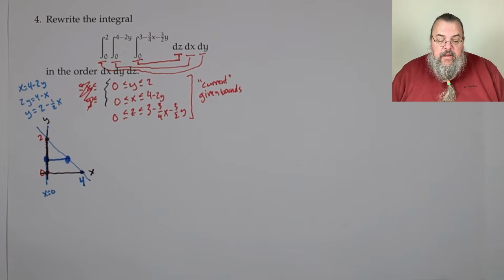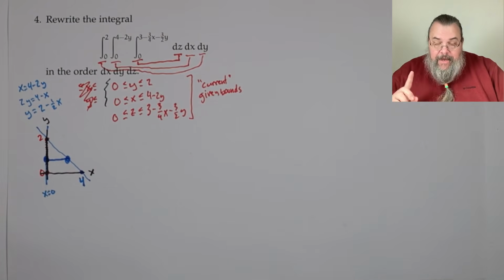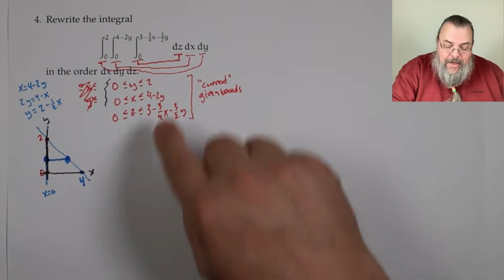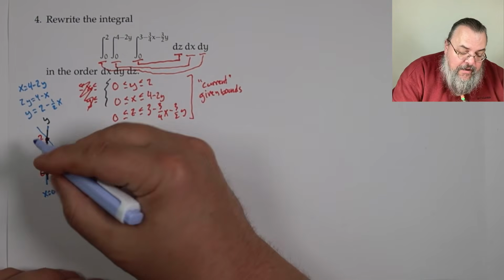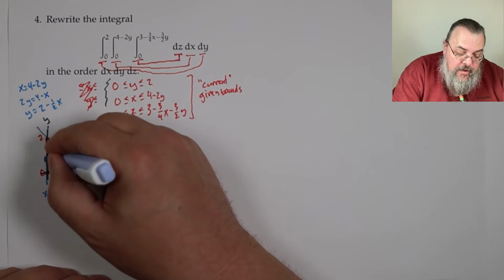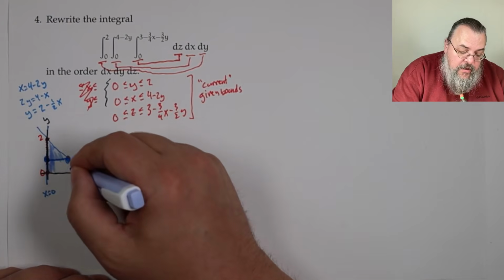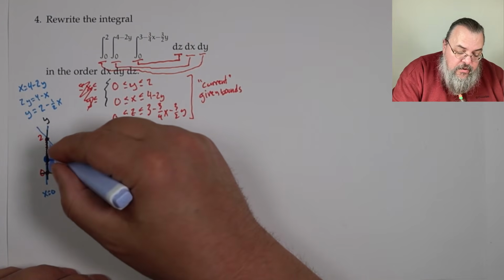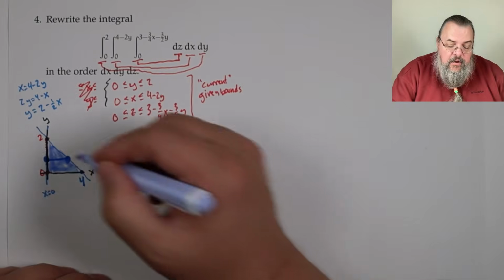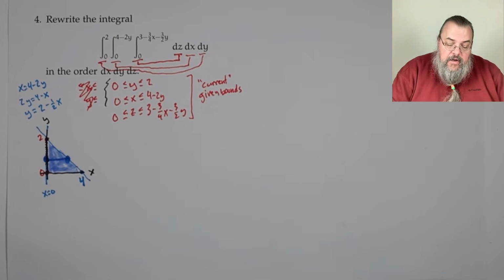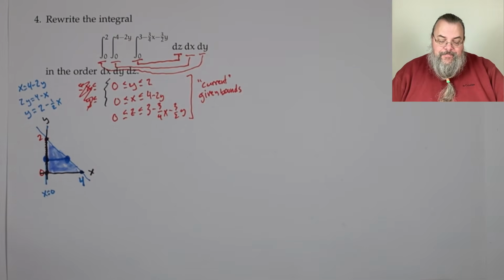So that says our region, as of right now in the outer two parts, is a triangle. And we'll shade it in just so we know. No doubts. Okay, so that's our outer two layers.